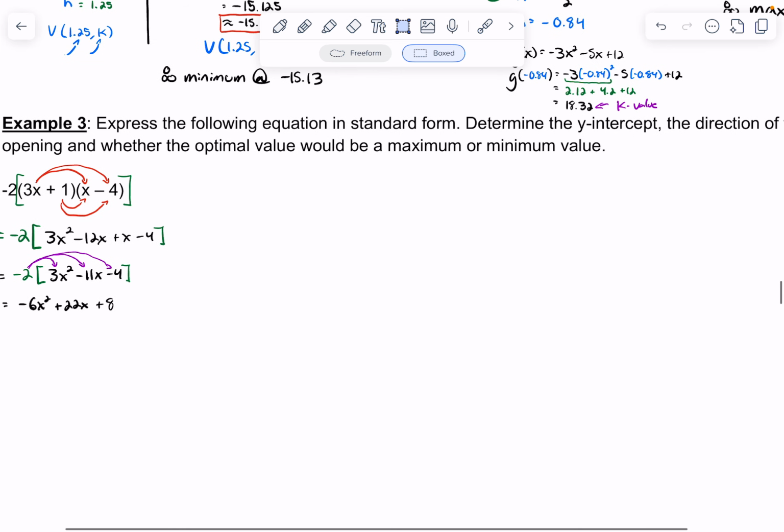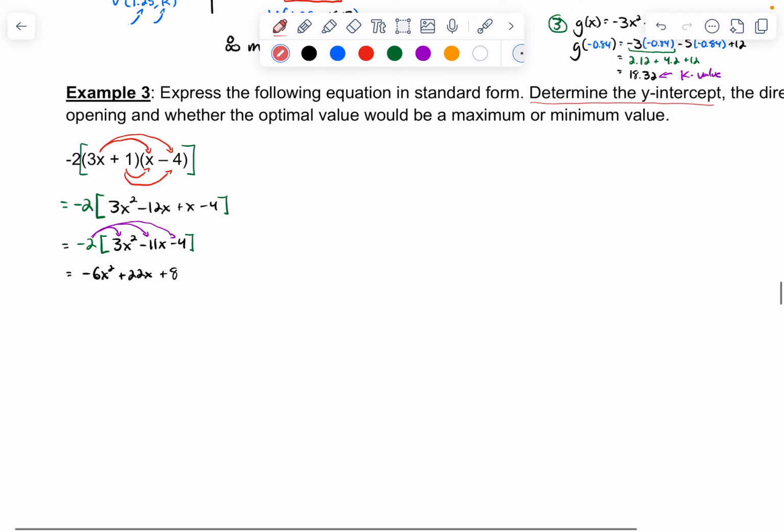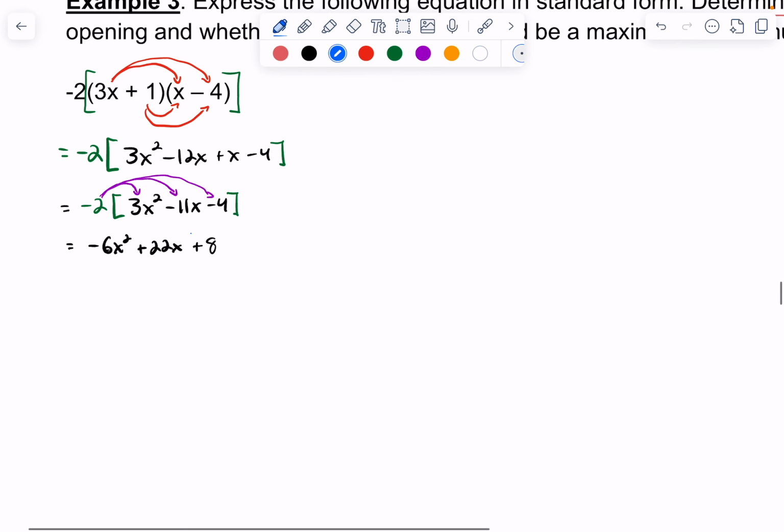So determine the y-intercept. Well, remember from the note right above, the y-intercept is just simply looking at the value we see on the back here. So in this case, we have a y-intercept at the coordinate (0, 8).